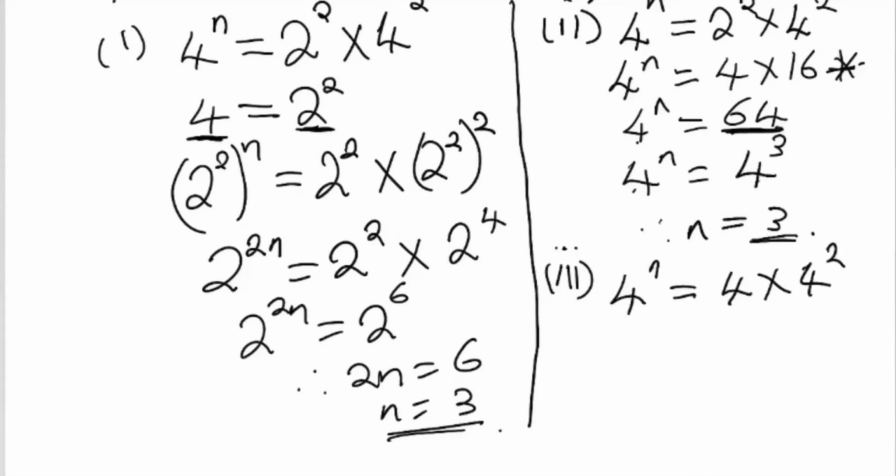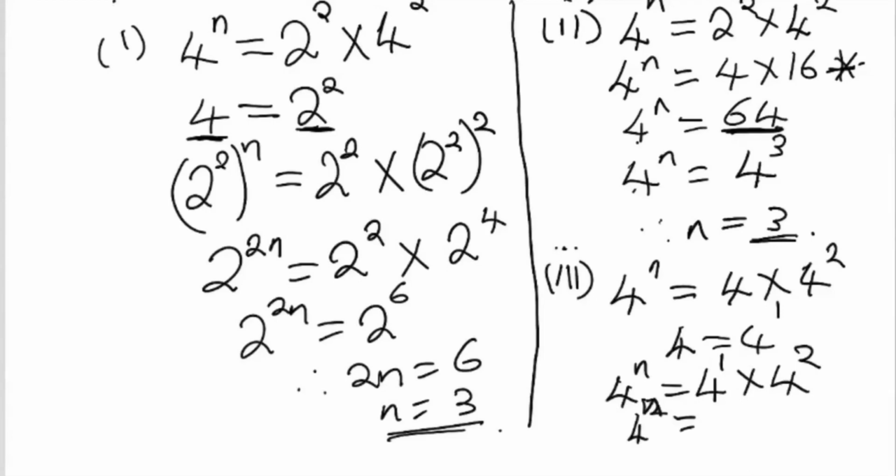But we know that 4 is the same as 4 to the power 1. And so we're going to say 4 to the power n is the same as 4 to the power 1 times 4 to the power 2. So when you have the same base, you add. So 4 to the power n is the same as 4 to the power 3. Again here, same base, therefore our n is equal to 3.